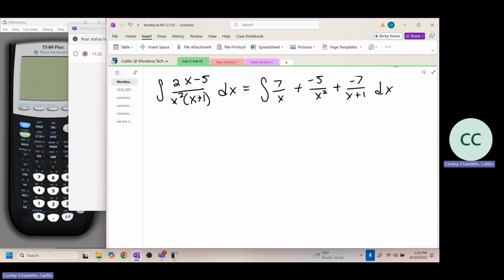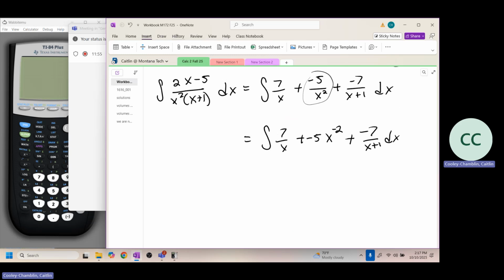All right, I'm going to rewrite this middle one. I have the integral of 7 over x plus negative 5 over x to the negative 2 plus negative 7 over x plus 1 dx. Katie, why in the world did you move only that middle one?